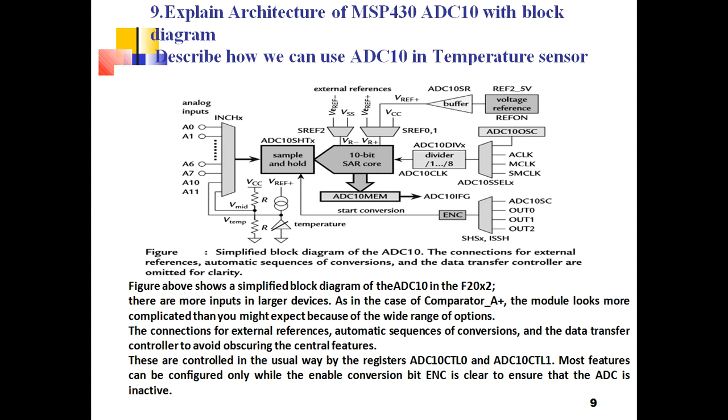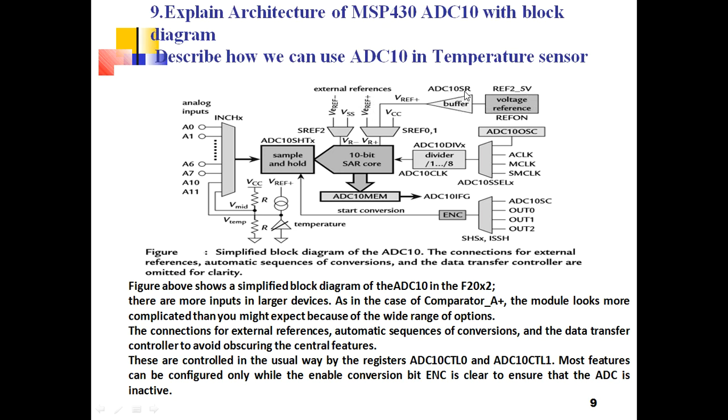It takes the analog inputs using the channels A0 to A7 and it is passed through the sample and hold circuit. Finally that is passed through the successive approximation 10-bit core, which takes the different reference voltage levels from VREF, VSS and VCC, negative as well as positive reference voltages, given from the voltage reference which has the value 5 volts, passed through the buffer.